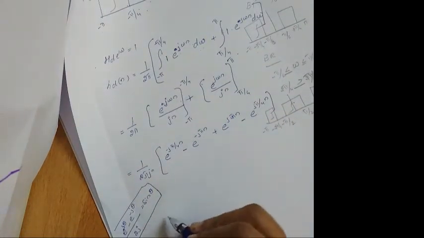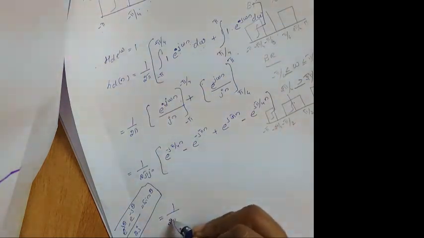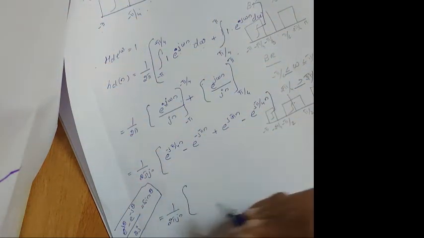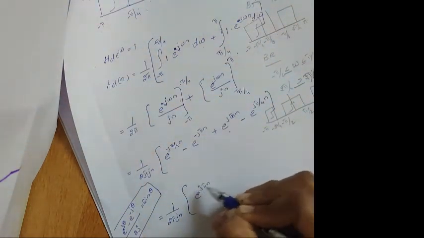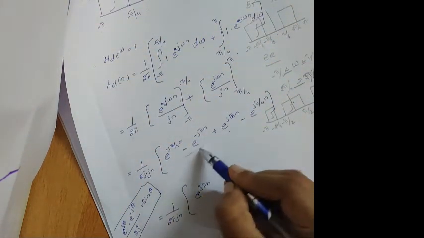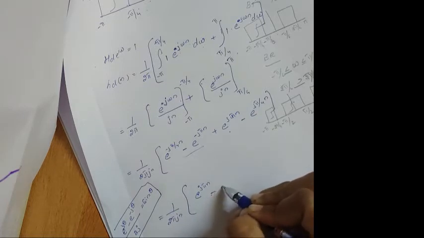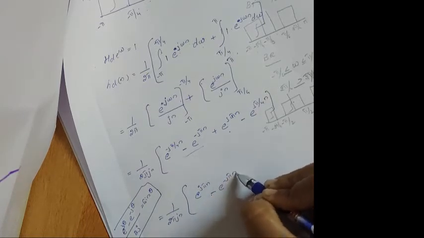For that, you have to take 1 by 2 pi j n. This is e raised to j pi n, and this is minus, you got it like that, e raised to minus j pi n.